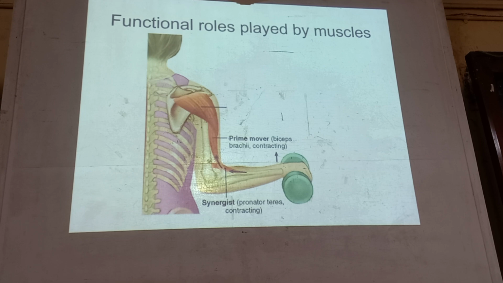All these muscles lie in the forearm and their tendons cross the wrist joint.